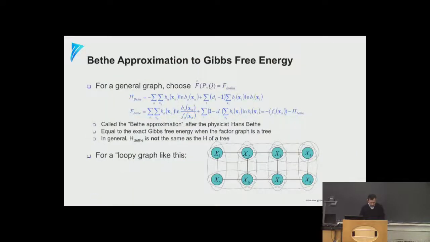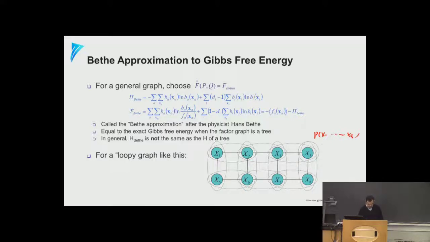Now, we have a new graph, which is a loopy graph. And how can we define a free energy on that? Well, this distribution becomes a little bit more mysterious, right? So it's symbolically still written as a P of x1 to x8.